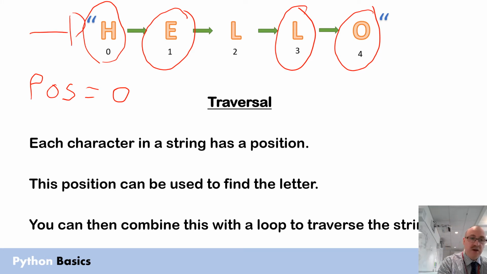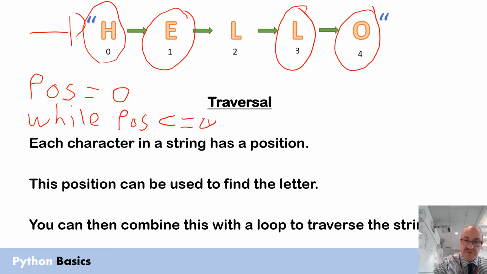I then might say, well, I'm going to go until pos, sorry for my handwriting, is less than or equal to 4. Okay, which is going to be our last lesson. So let's look at this idea, how we actually can use while loops, and also I'm going to introduce for loops for the first time to see how we might iterate over a string.